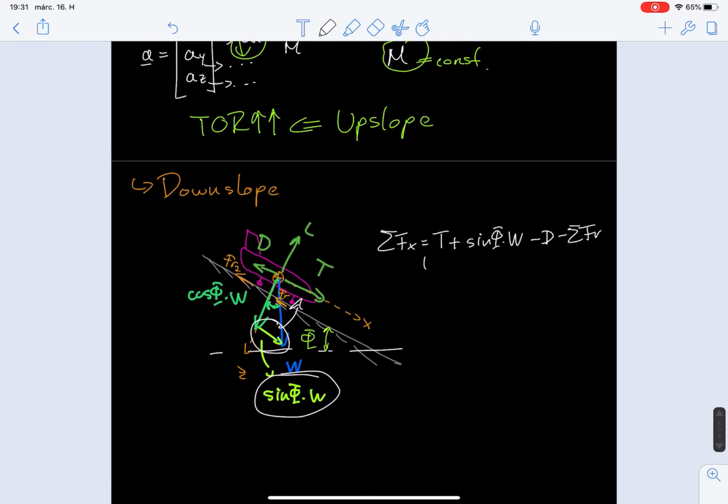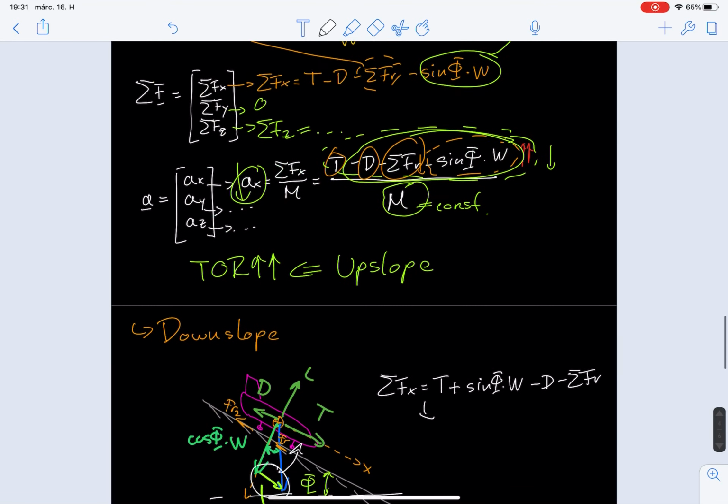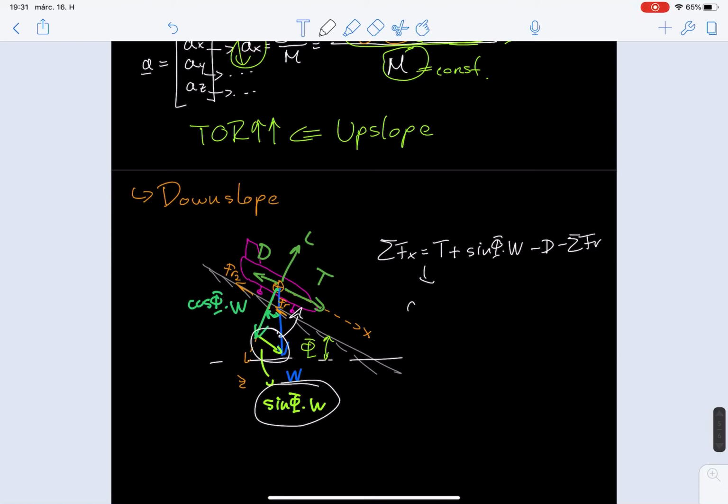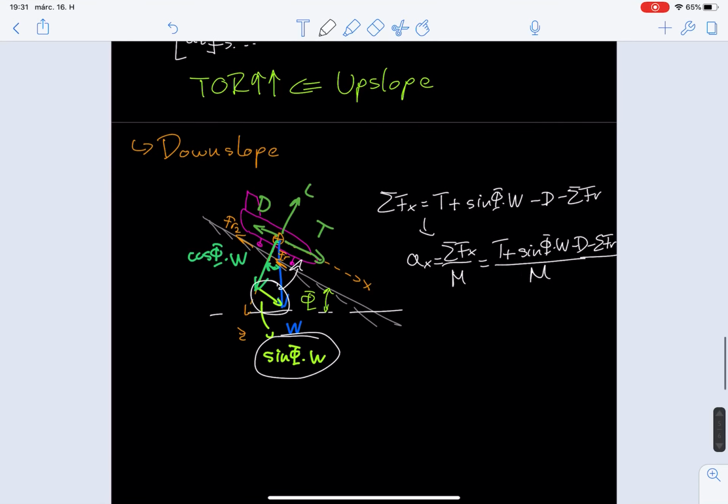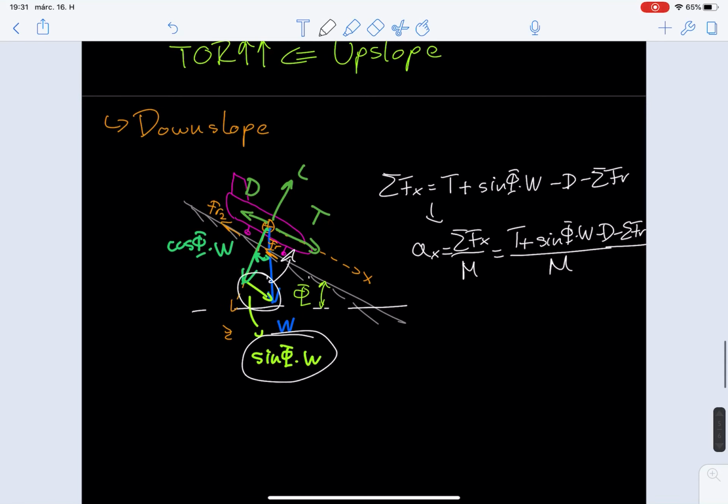And of course, from this, just like in the previous case, we can say that the acceleration in the x direction is going to be the sum of the forces in the x direction over the mass of the aircraft. So therefore, the thrust plus the sine phi times the weight minus the drag minus the sum of the friction forces. So we can see that the bigger this downslope, the bigger the sum of the thrust plus the sine phi times the weight.